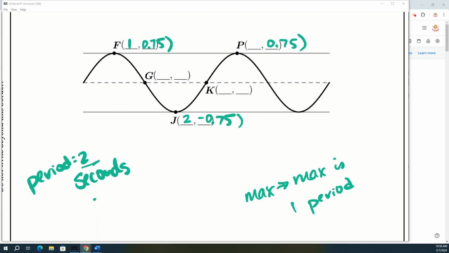I know my period is 2. So the time to go from this max to this max should be 2. So what should this value be? 3. And then what about the midlines here?